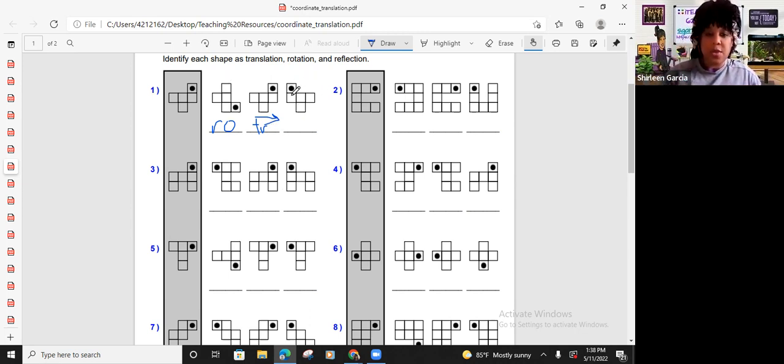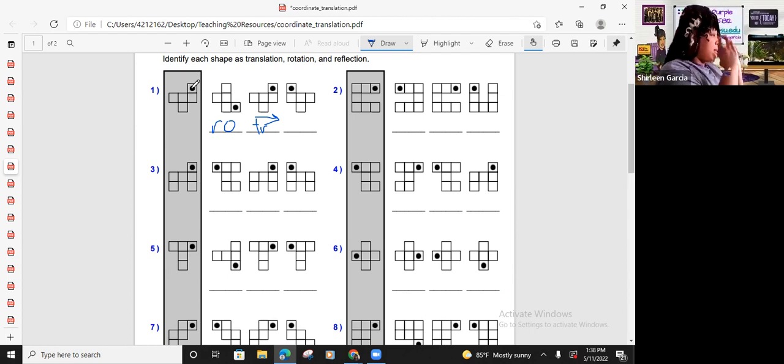Now look at this picture. His eye was facing to the right. Now his eye is turned and is facing to the left. What is that? His size didn't change. His shape did not change. He went from this way.